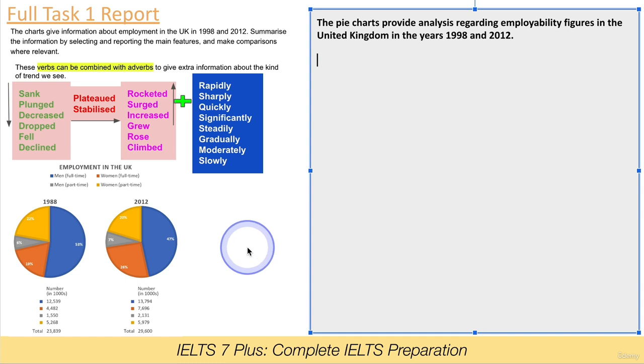Now we can go into our overview. So a nice start, like on the whole or in general, at first glance, something like this. On the whole, more individuals were in employment in 2012 in general.